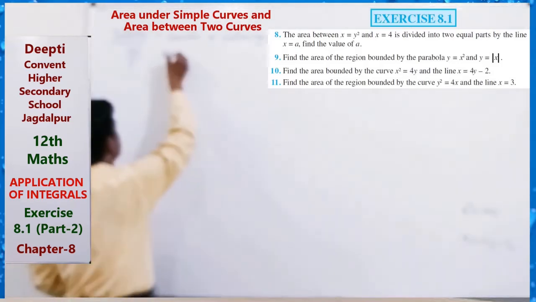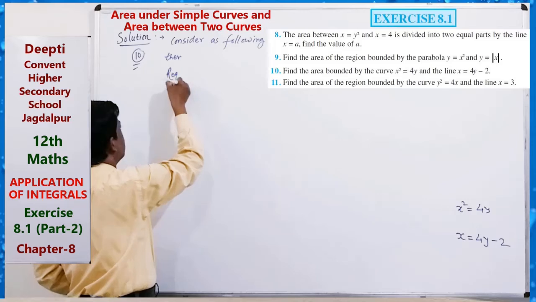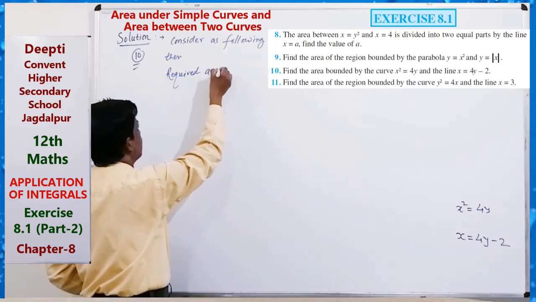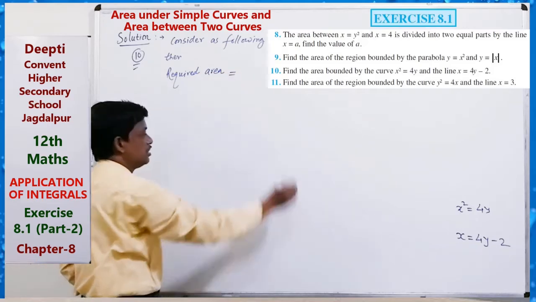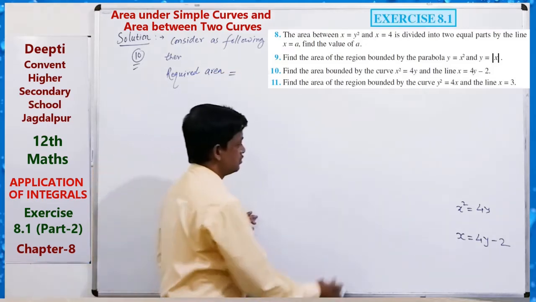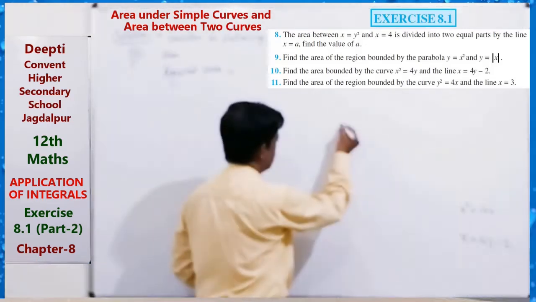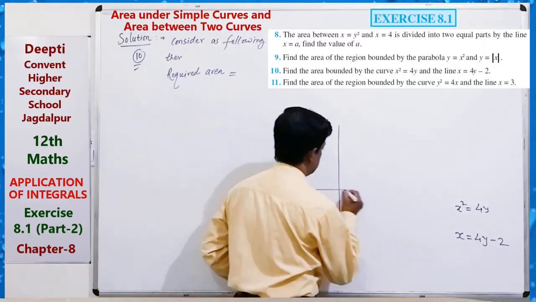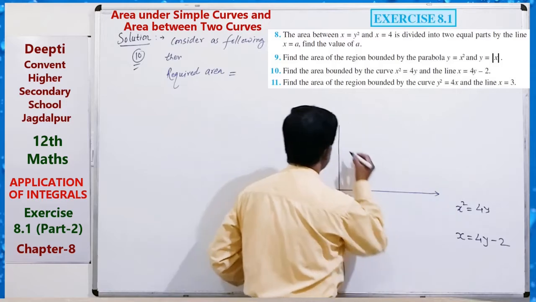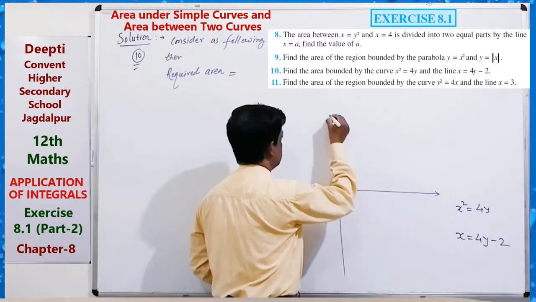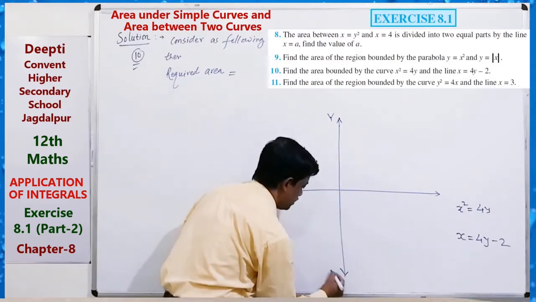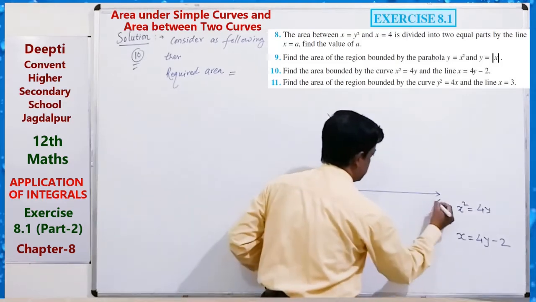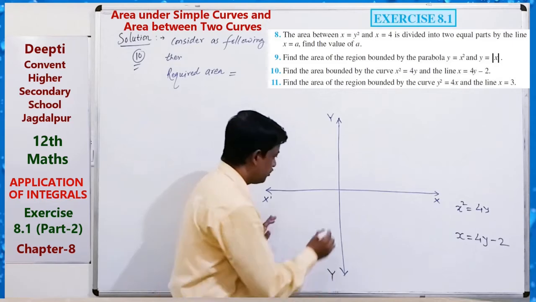Then required area is equals to this and this. This is y axis and this is x axis. Okay, you have to draw the frame now first.